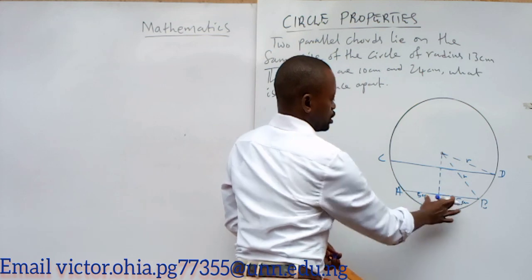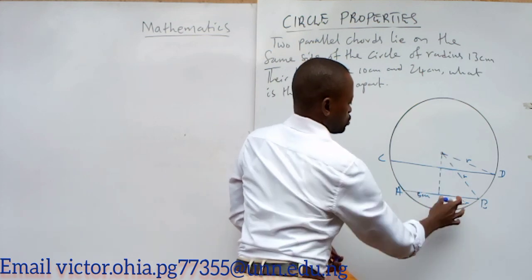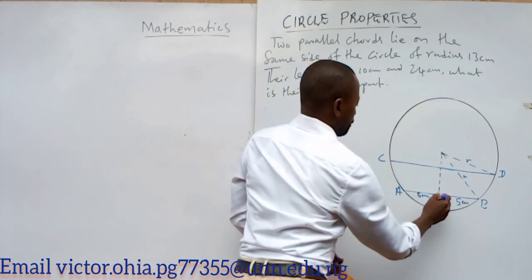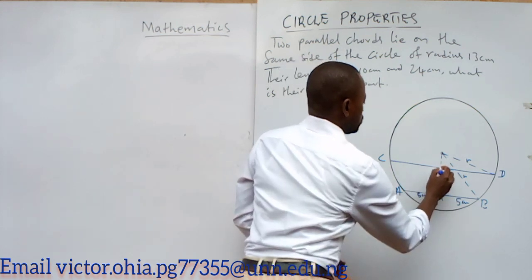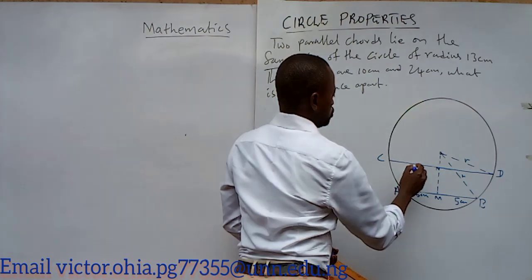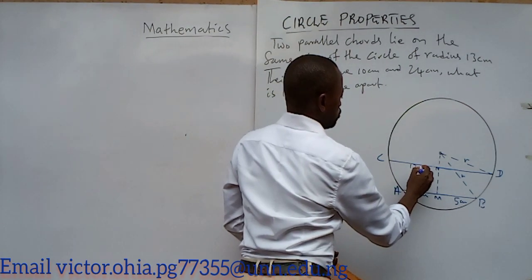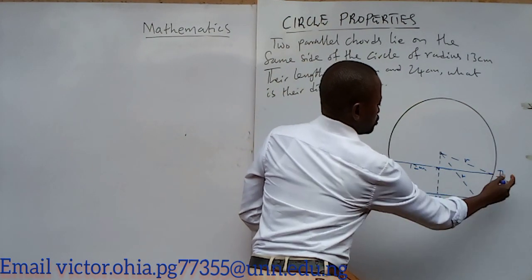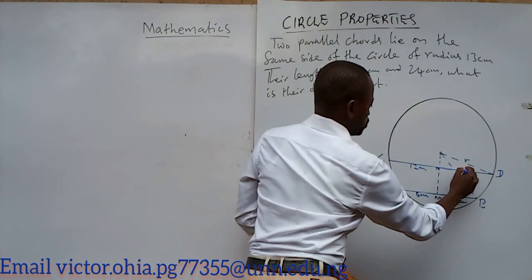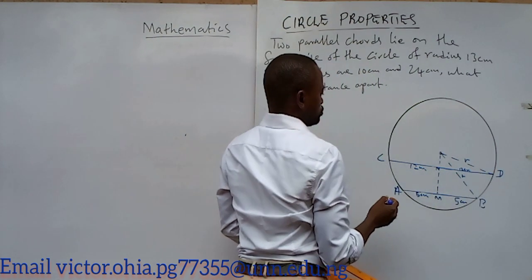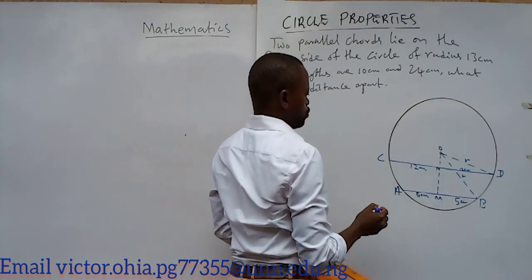You can see now that this line bisects this chord. Let me call here M and here N. So this will be 12 cm, and this ND will also be 12 cm. Let me put it on top of this place, 12 cm. And this is center O.